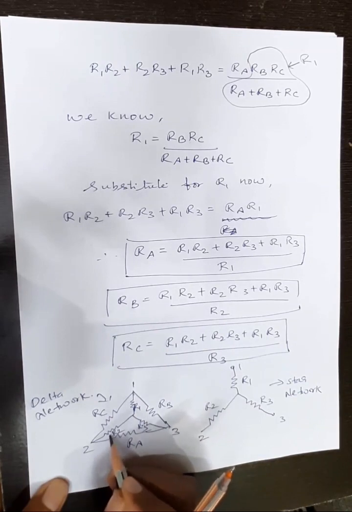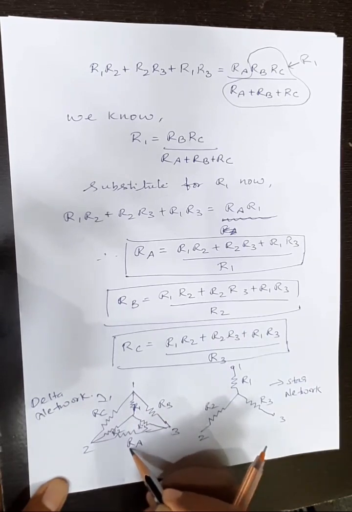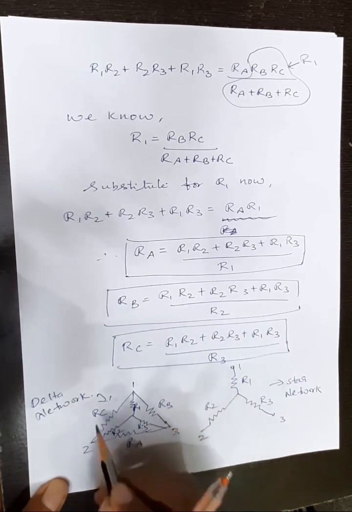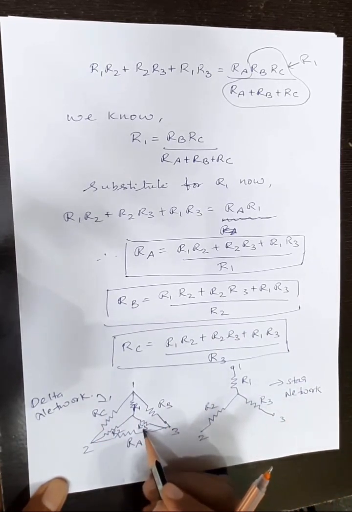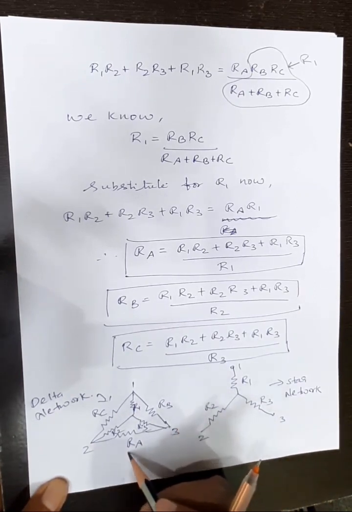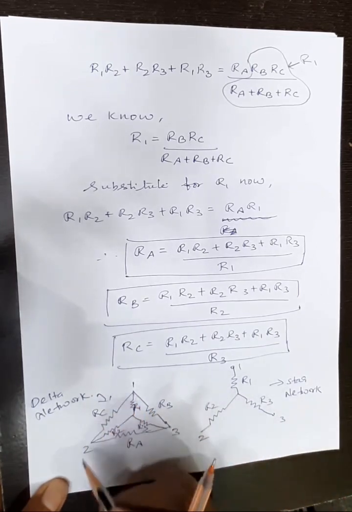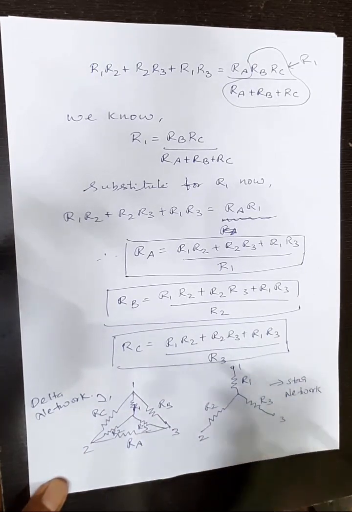If you come for R2, R2 will be equal to RA into RC divided by RA plus RB plus RC. Similarly, R3 will be equal to RA into RB divided by RA plus RB plus RC. This is some simpler way to remember star to delta or delta to star equations.